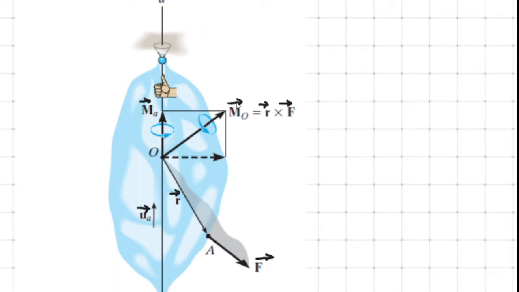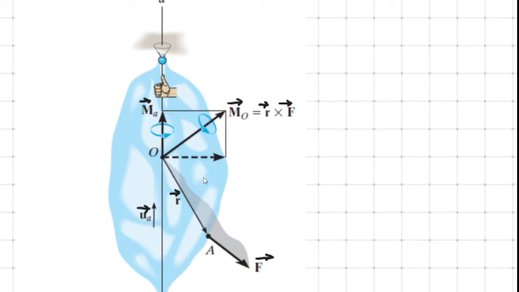As per our discussion, this moment vector MO calculated at the point O on the axis A is normal to the plane containing vector R and vector F. Further, this moment vector should definitely pass through the point O, and the sense, or the direction, should be determined by the right hand rule.